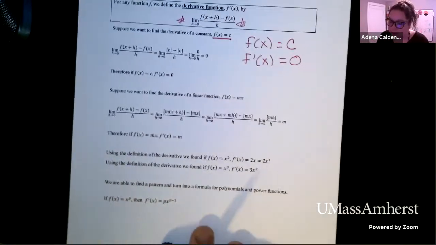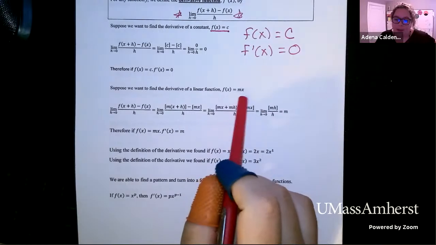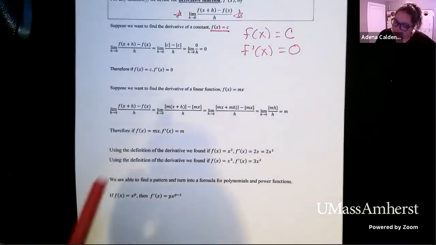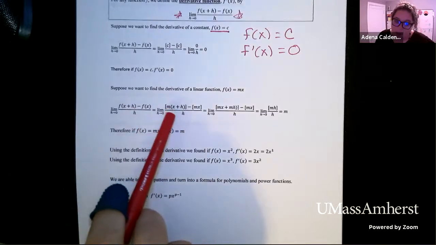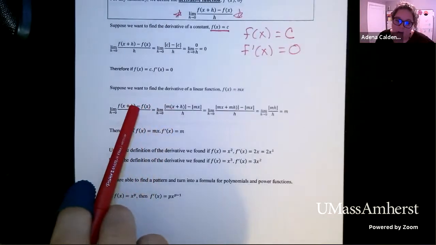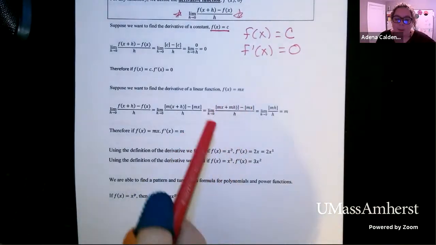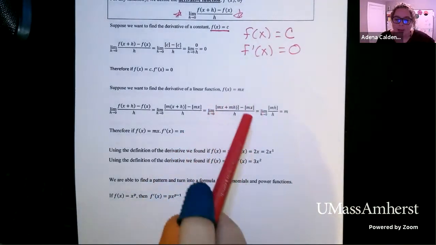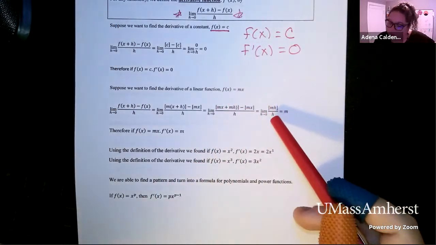Okay? Similarly, if you were to apply this to a linear term, so mx, right, and you were to apply f of x plus h minus f of x, that means you'd be plugging in an x plus h, wherever you see the x, minus mx. If you do some algebra here, okay, the mx's are going to cancel, and you're going to be left with mh over h.